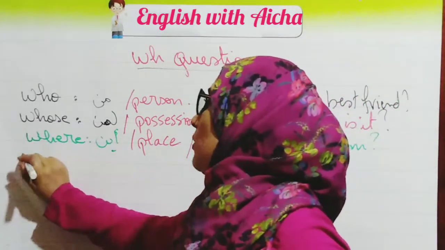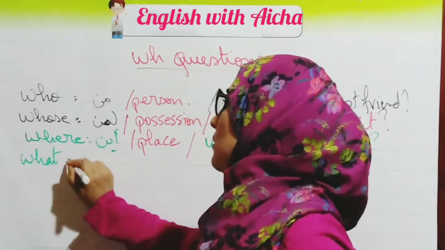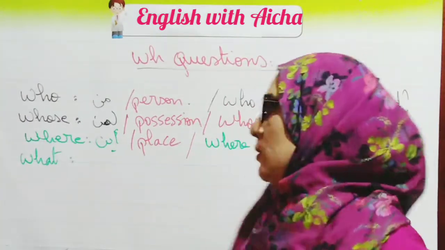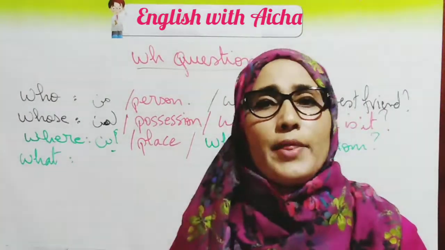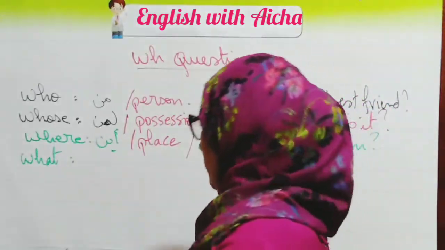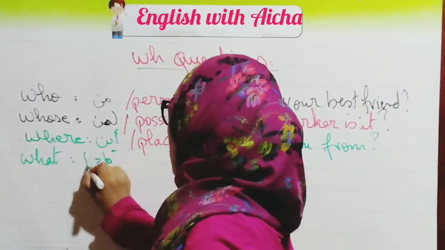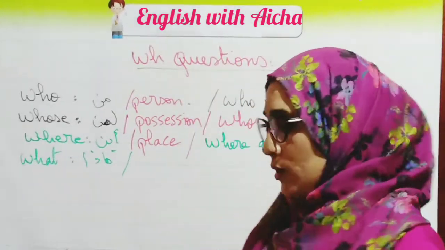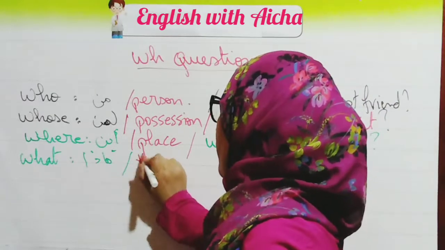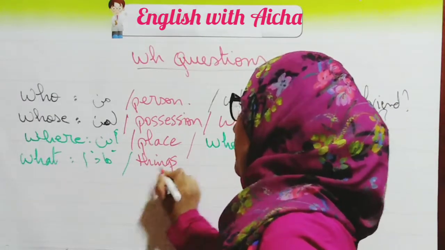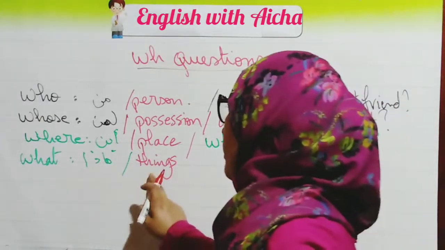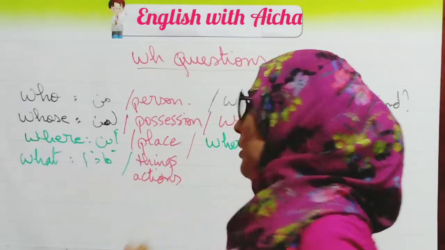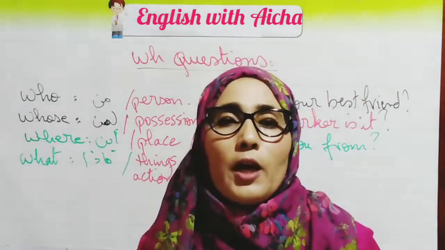Then we have what. So the WH word what means ماذا. Okay? And here for this one, it's used for two things. We use it for things, and also we use it for actions. When I say, for example, what are you doing?